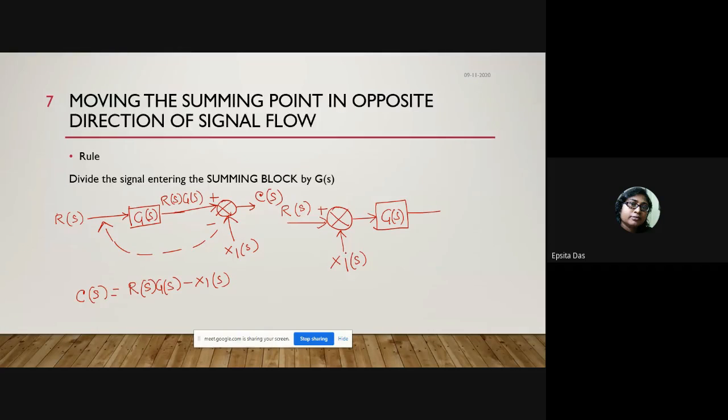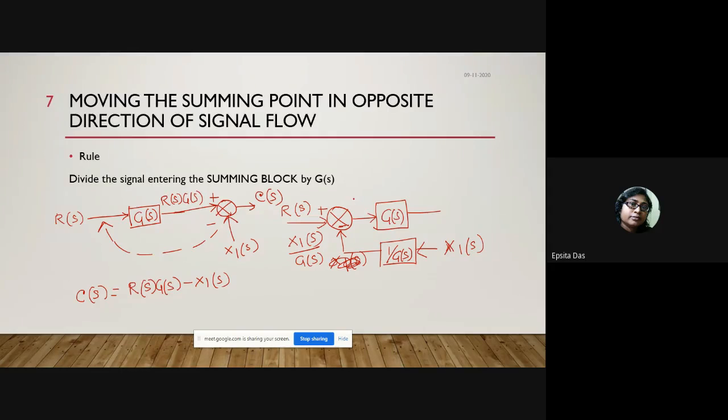So what I can do, if I take 1 upon GS initially, and if I put the X1S signal here, then what is coming here? X1S by GS. Then this is minus.